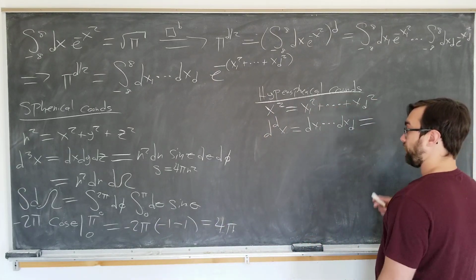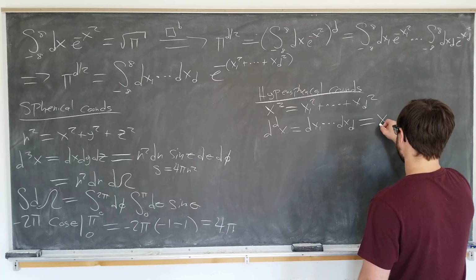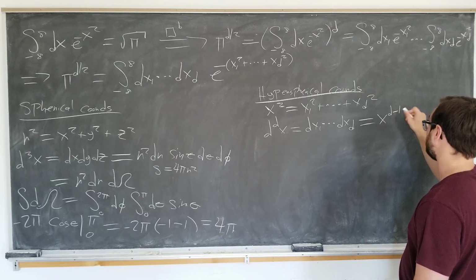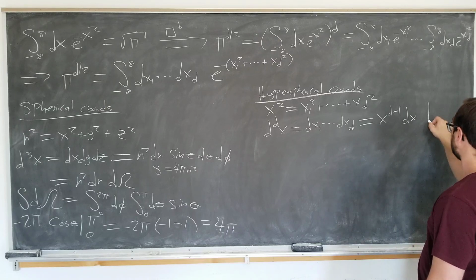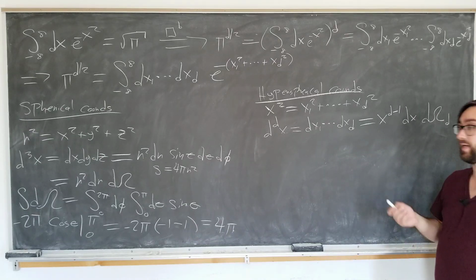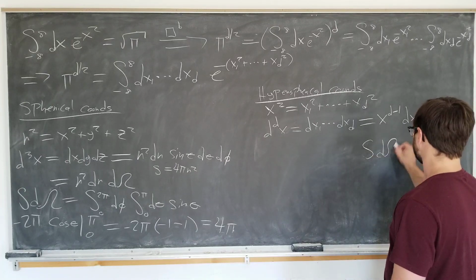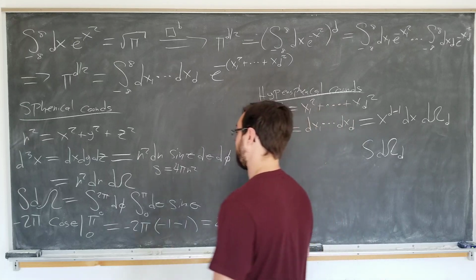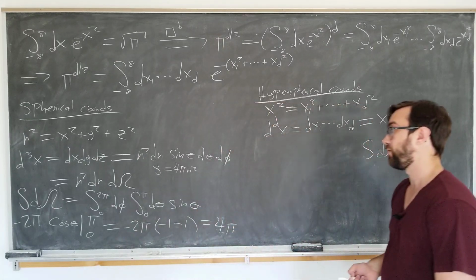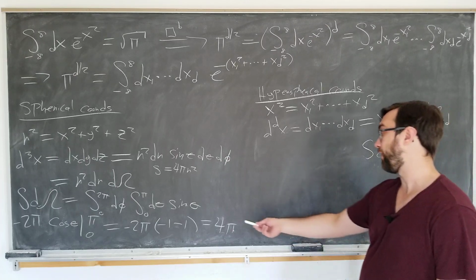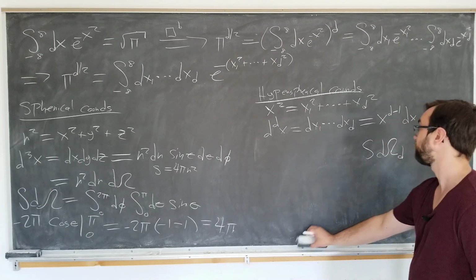It's going to be x to the d minus 1 dx d omega d, where the integral of d omega d is the thing we want. It's going to be analogous to this, and it's going to compute the surface area of the d-sphere of radius 1. We got 4 pi here. We're going to get some other constants here. We want that.